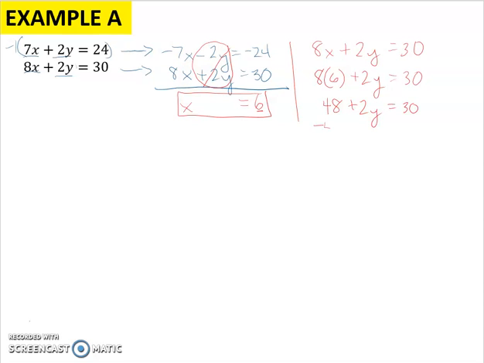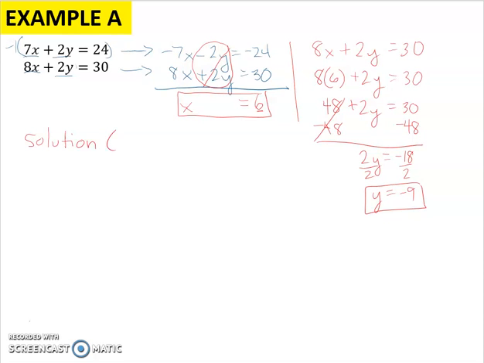All right, so we're solving for y. Get rid of that 48 by zero pairing, so subtract it. 2y equals -18, and now divide by the coefficient, so we get y equals -9. Okay, so I'm predicting that my solution should be 6, -9.